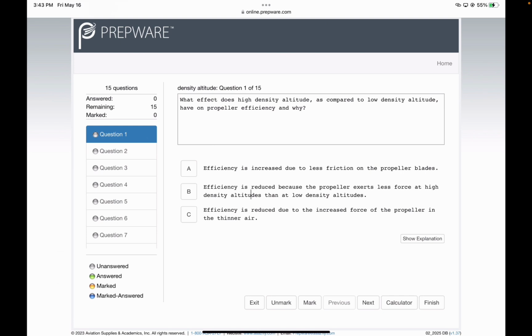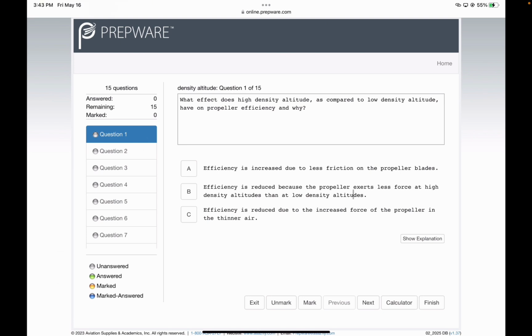So now we're going to look at this. Two of them say efficiency is reduced. So now we have to choose between A and B, or B and C. It says efficiency is reduced because the propeller exerts less force at high density altitudes than at low density altitudes.